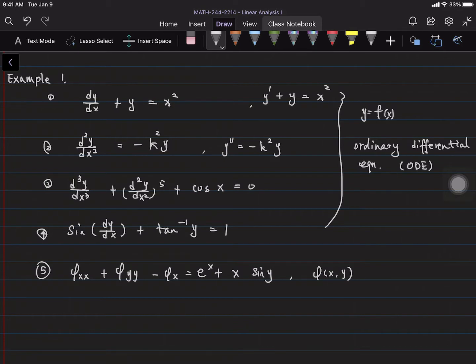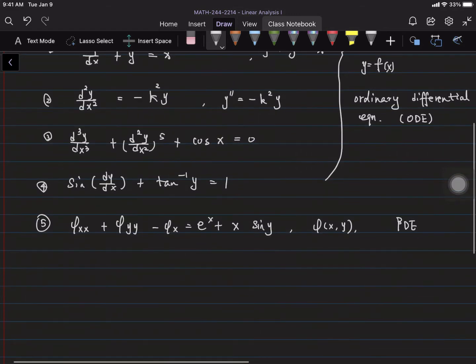This kind of thing includes a partial derivative, so it's called a partial differential equation, also called PDE. But in our Math 244, we don't do PDE. We only study ODE, the ordinary differential equation. In the future, you may learn partial differential equations, but not in this class.